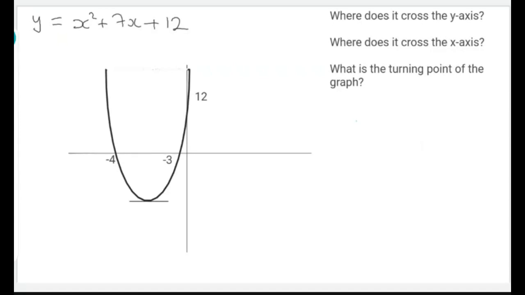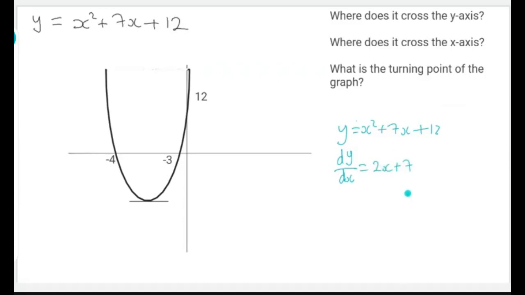Probably differentiation. Okay, so we have that y equals x squared plus 7x. Is it 2x plus 7? For dy/dx, yes, that's right. So you've got dy/dx equals 2x plus 7.